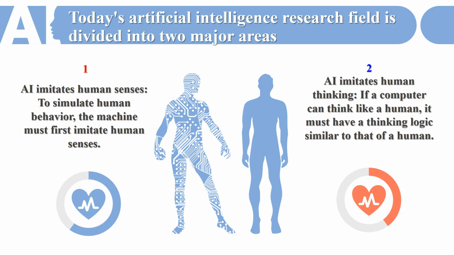Okay, and today's artificial intelligence research field is divided into 2 major areas. First one, it can imitate the human senses. Okay, and to simulate human behavior, the machine must first imitate human senses. Okay, that's for the 2 major areas, especially for research.